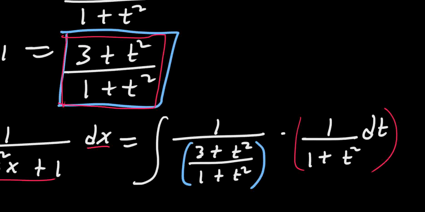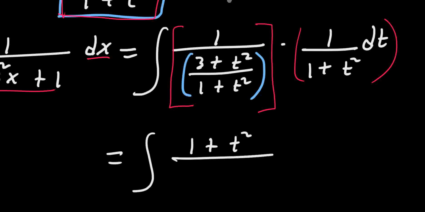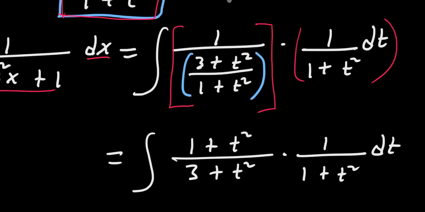Now we can simply simplify the whole of this part, and this will be equal to integral 1 plus t squared over 3 plus t squared times 1 over 1 plus t squared dt.